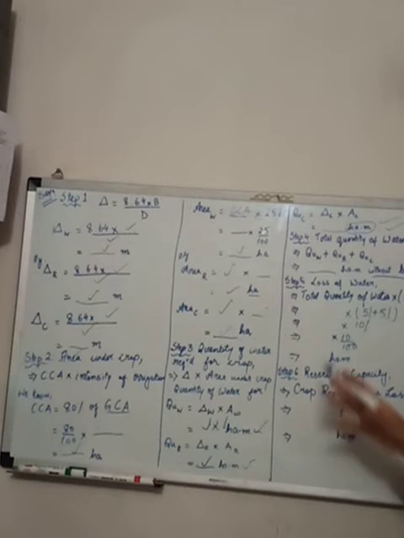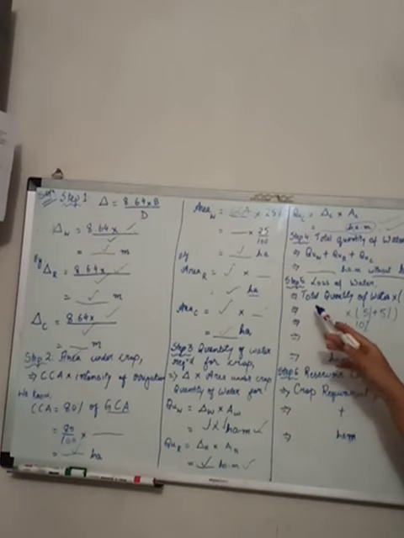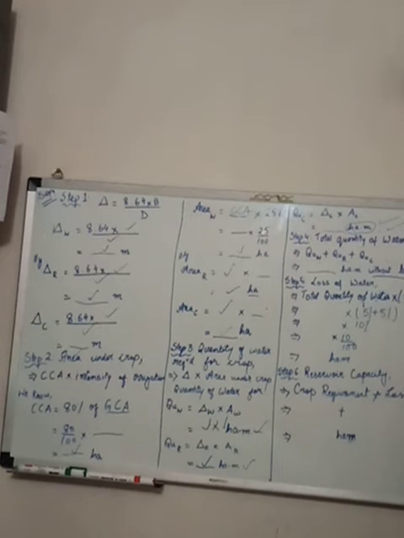Now we will consider the loss of water, which is given in the question. The formula is the total quantity of water into R plus C, where R stands for reservoir losses and C stands for canal losses. There are 2 losses according to the question: one is the reservoir loss and one is the canal loss. The reservoir loss is 5% and the canal loss is 5%, 5% each.